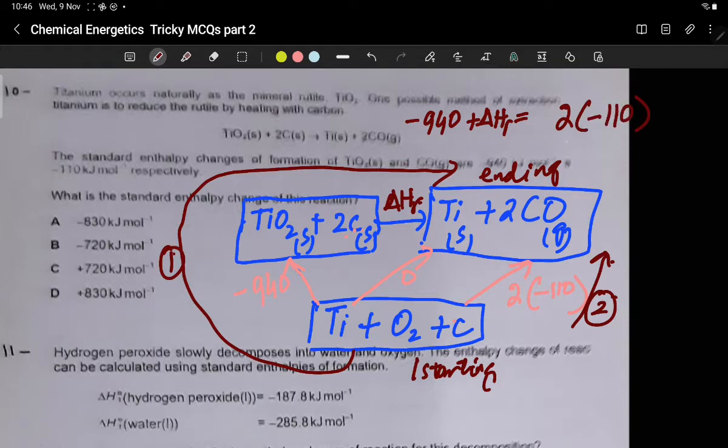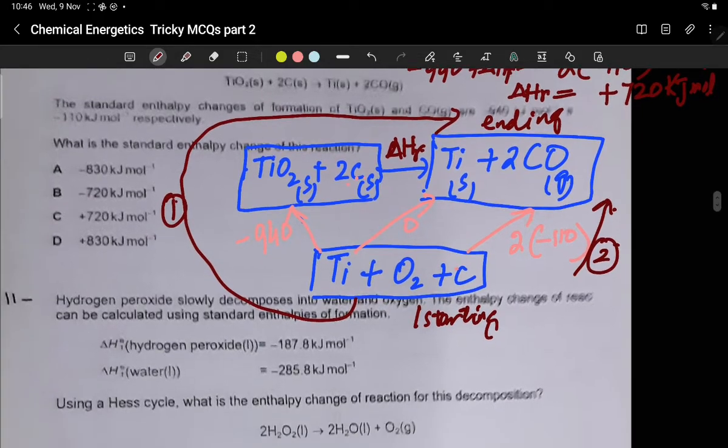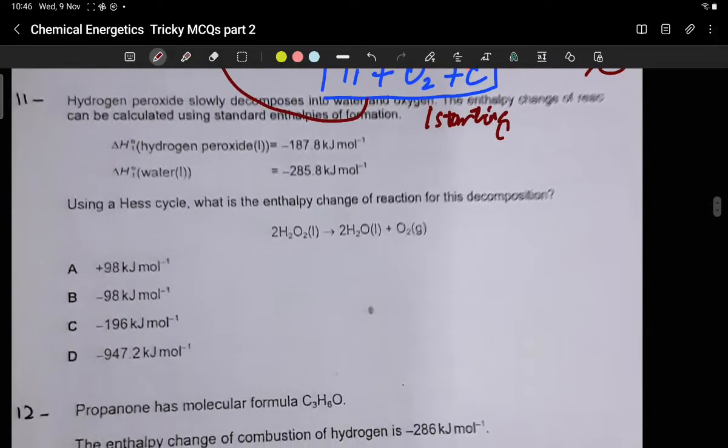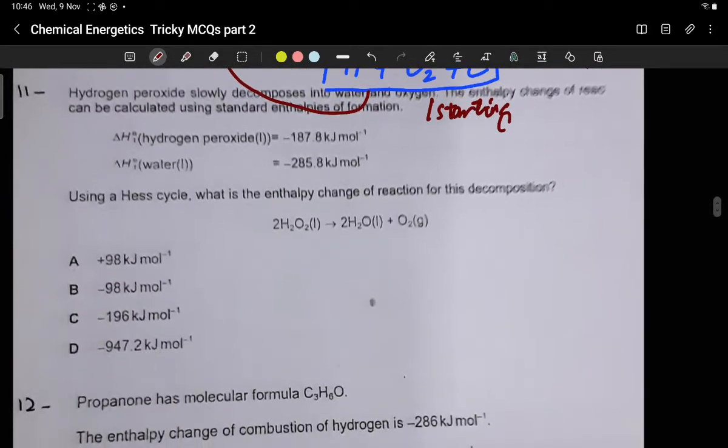Now after calculating we have delta HR is equal to plus 720 kilojoule per mole. The other question, number 11.